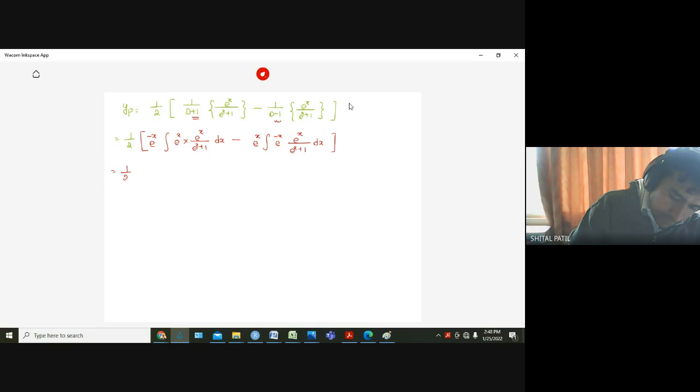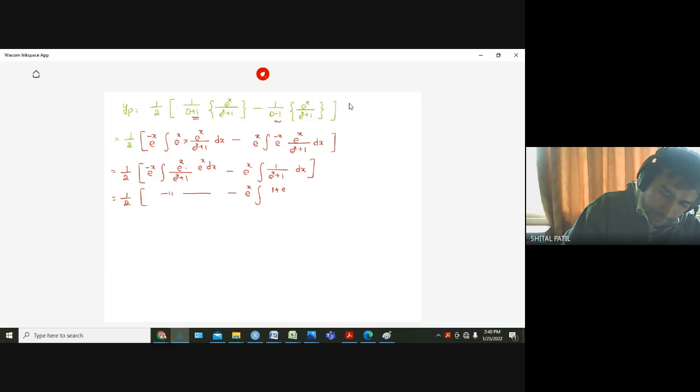Simplify this. Add e raised to x, subtract e raised to x.